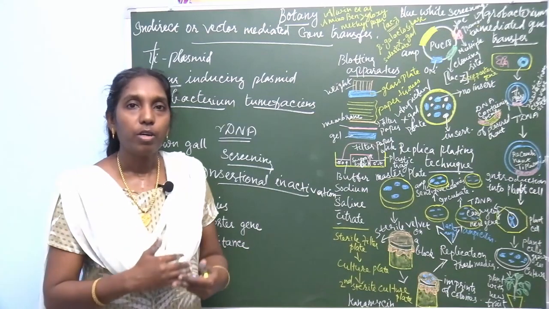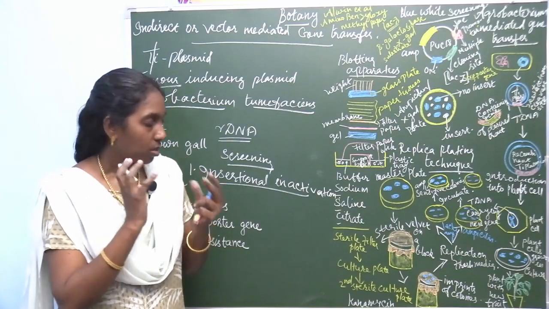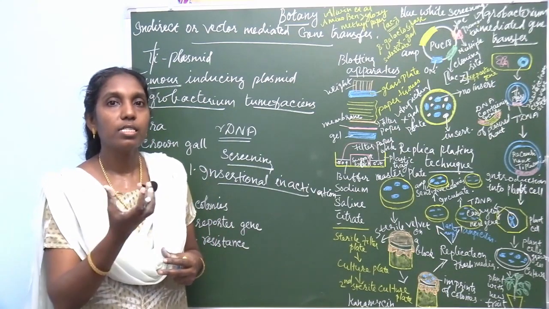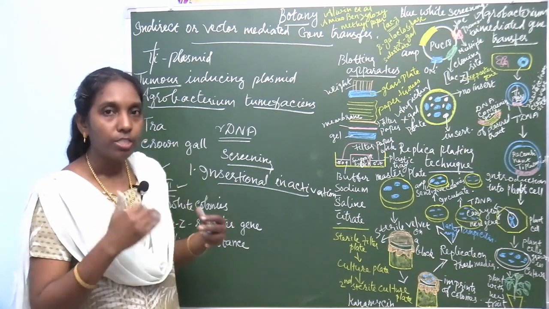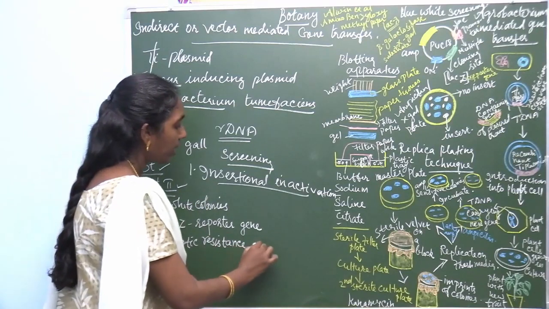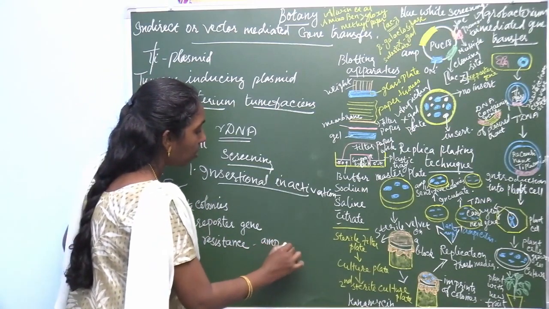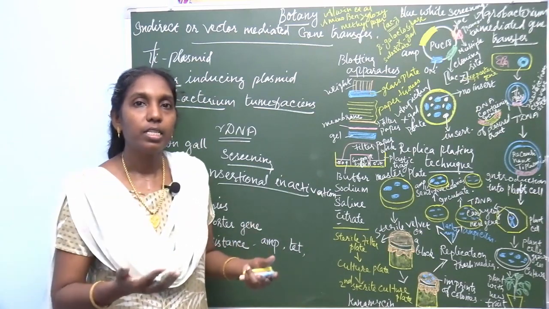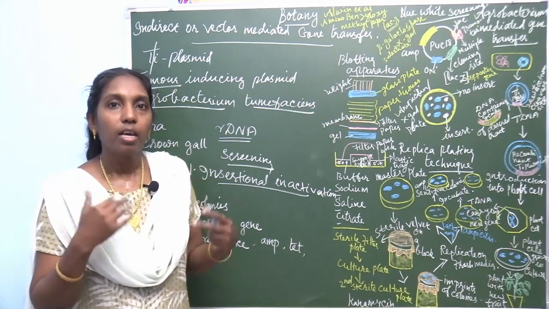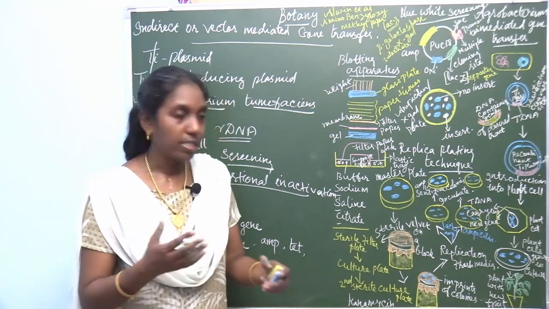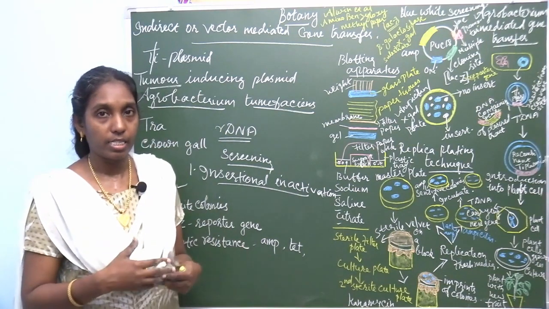Based on this antibiotic resistance, the colonies are grown on a substrate which contains ampicillin, tetracycline, or some other antibiotic, such as kanamycin. Kanamycin is also used for antibiotic resistance.